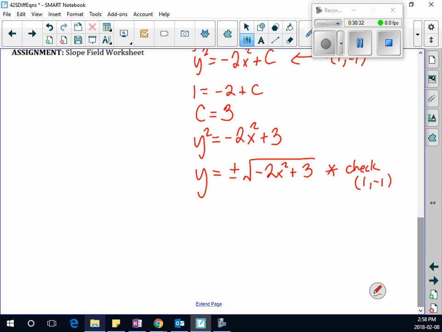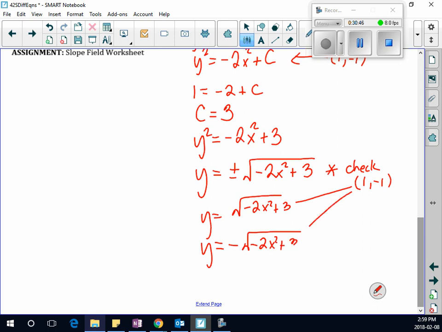Let's check. y equals the positive square root of negative 2x squared plus 3. Does it work there? And y equals the negative square root of negative 2x squared plus 3. Check in both. Do they both work? You should probably know by now how do you get a negative equal to a square root, right?